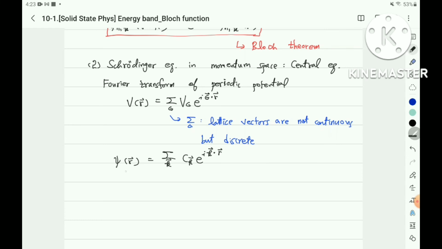The summation with k vector represents the r vector here, and also because there is a periodic potential requirement, the r vector should follow that periodic potential, here n plus n_i a_i.